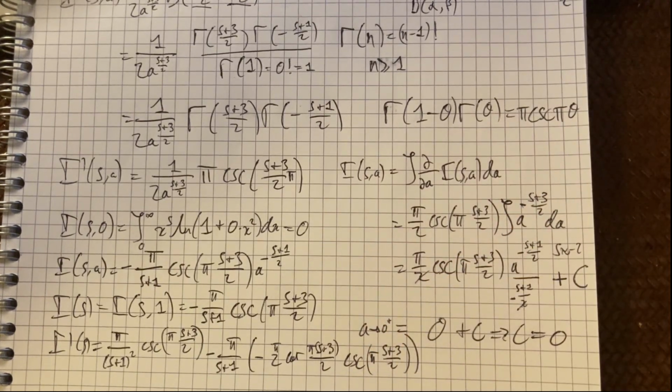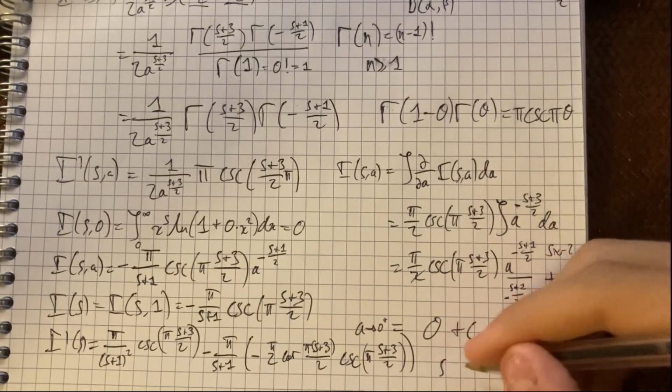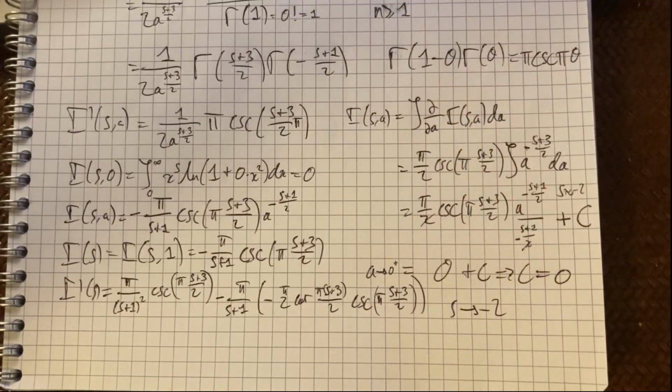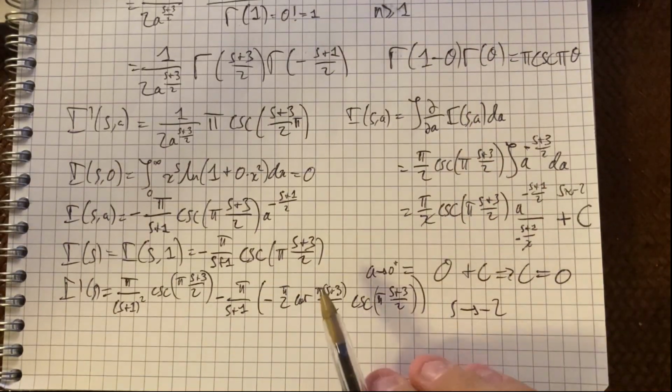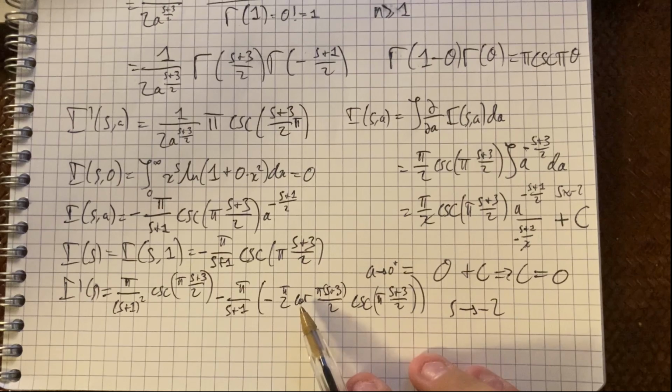And well, I'm not going to simplify anything because here we know that s approaches negative 2, which means that in here we have something approaching negative 1. So we have negative 1 by 2 times pi, which is negative pi by 2. And cotangent is just cosine divided by sine.